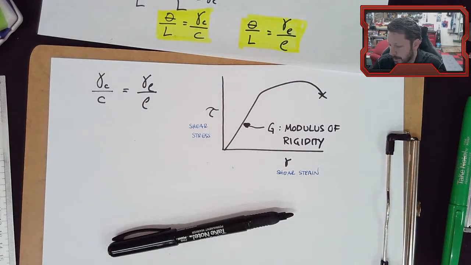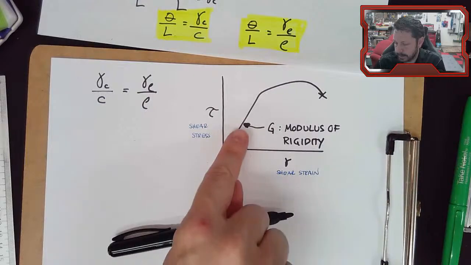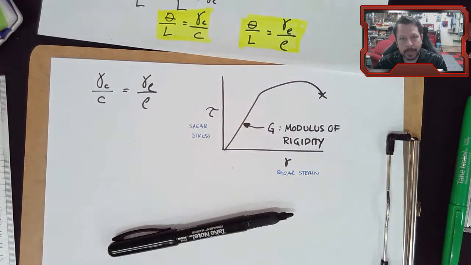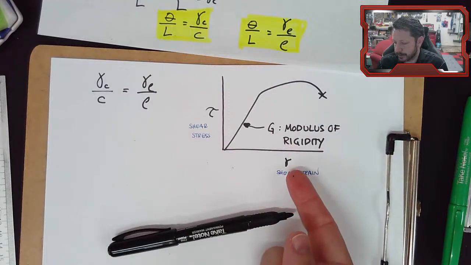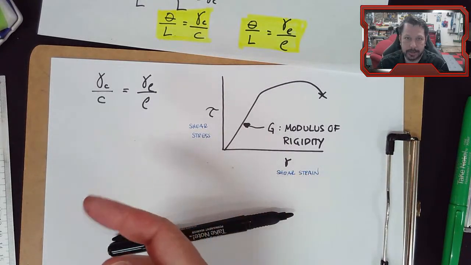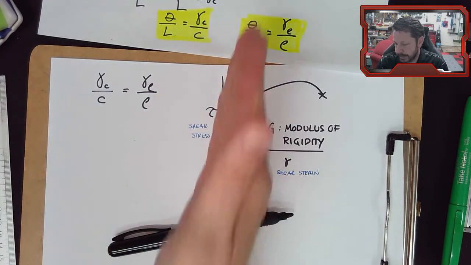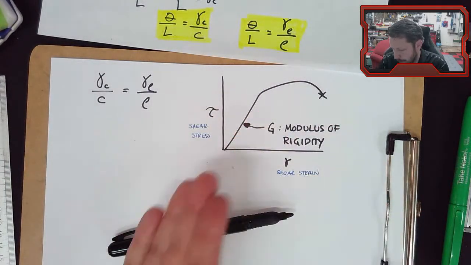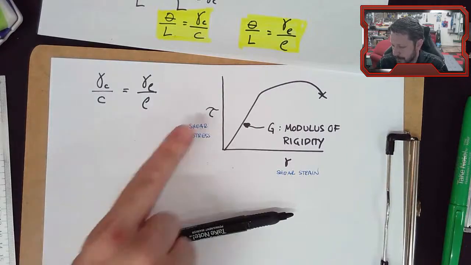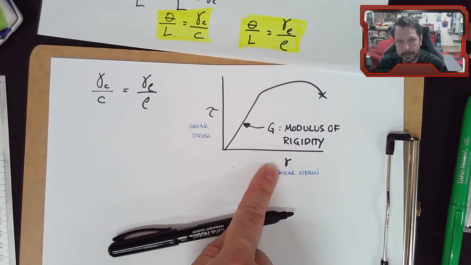A material that had a high modulus of elasticity meant that this slope was very steep, and it didn't stretch a lot for the amount of stress that was on it. So same thing here, except it doesn't twist a lot for the amount of stress that's on it, if the modulus of rigidity is really steep. If it's really shallow, more like what I've drawn, then it does stretch a lot for the amount of strain that's in the object.